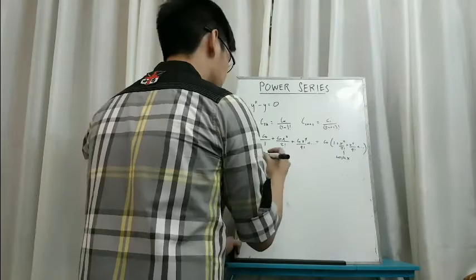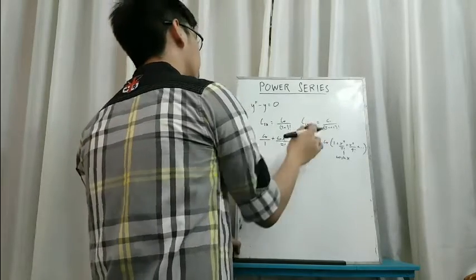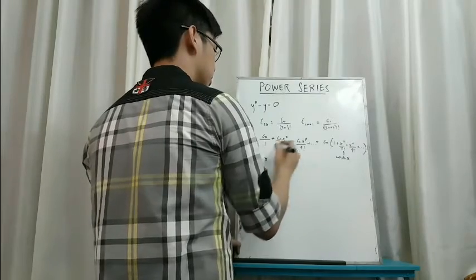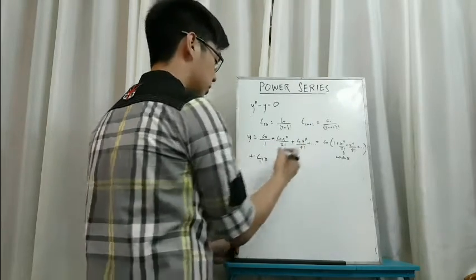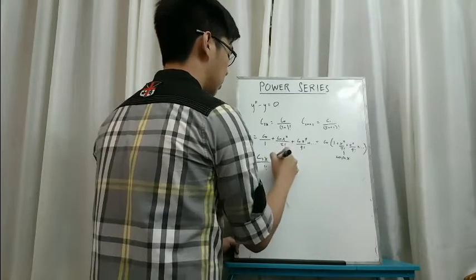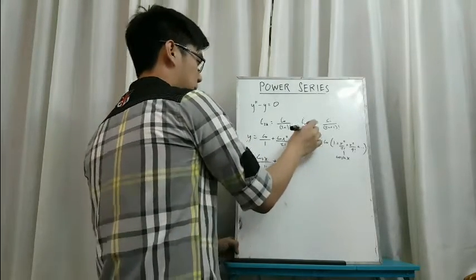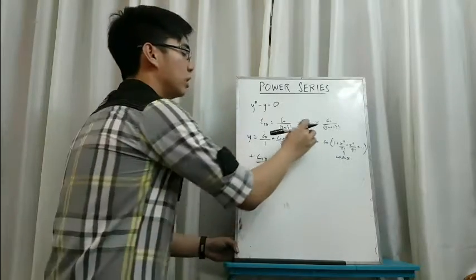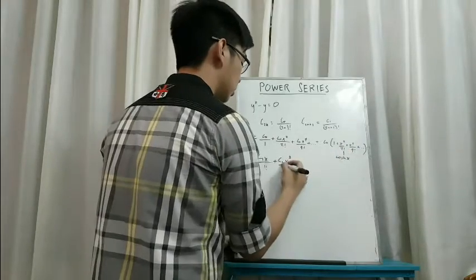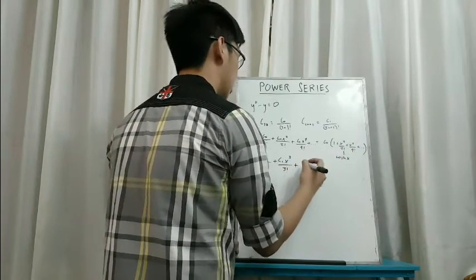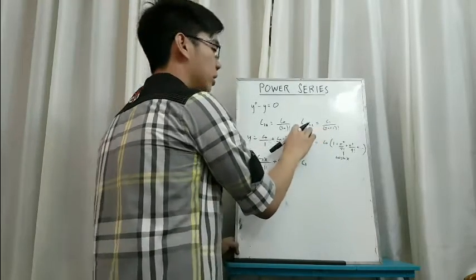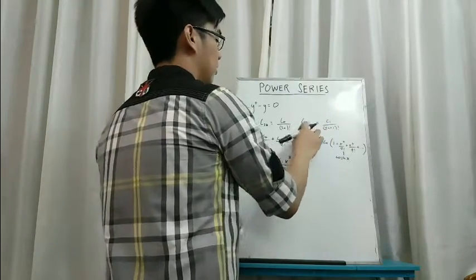Plus, let's solve for this. Plugging in 0 here would give us C1, so C1 has x, C1x all over 1 factorial, plus plugging in 1 here would give us C3. C3 has x cubed over 3 factorial, plus C5, and plugging in 2 here is 5.